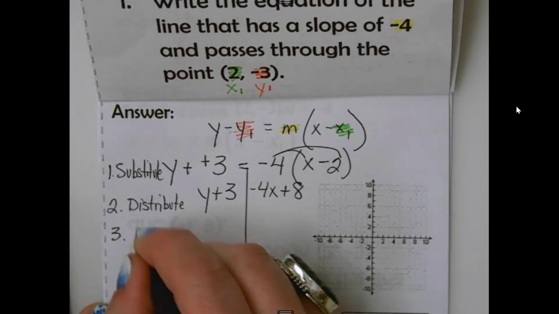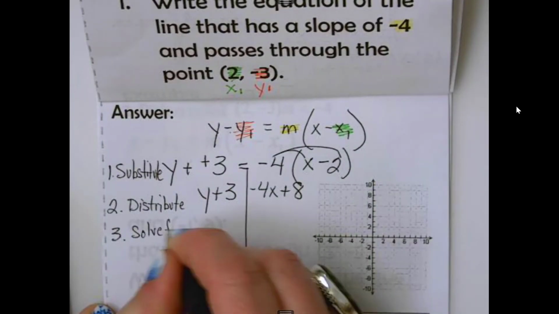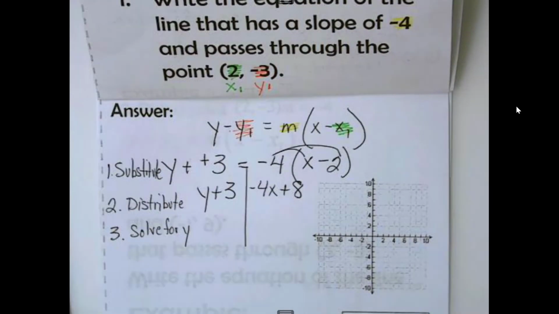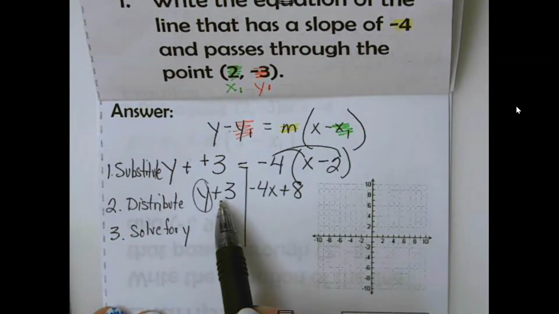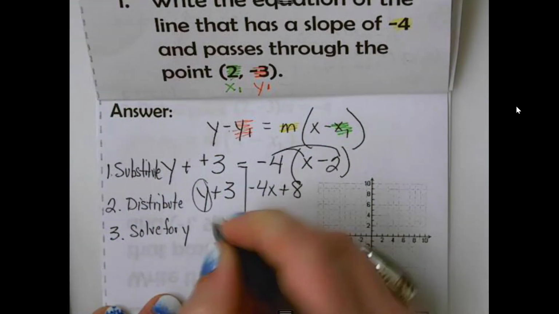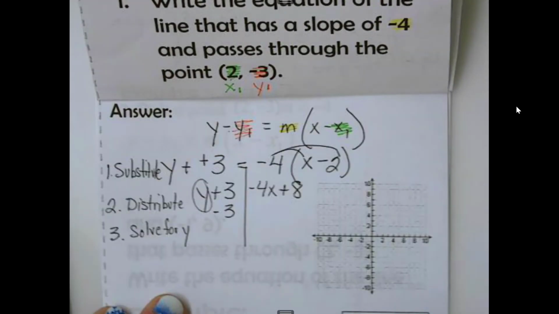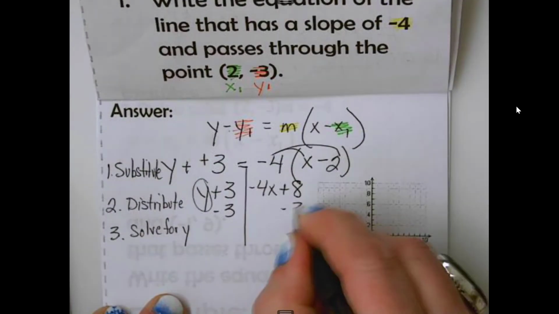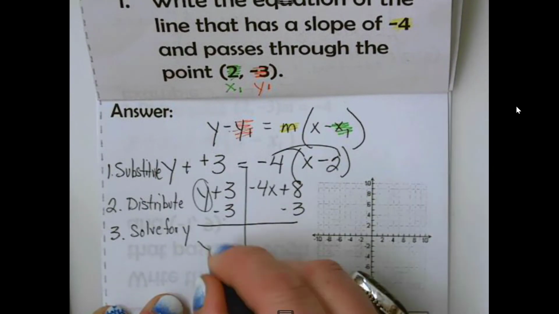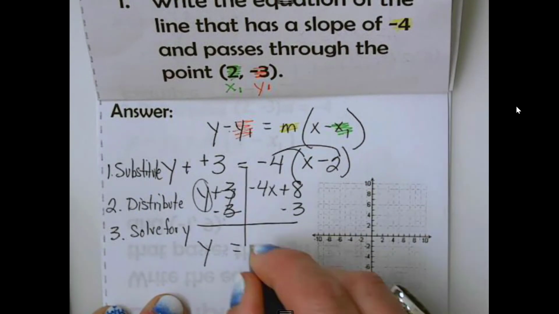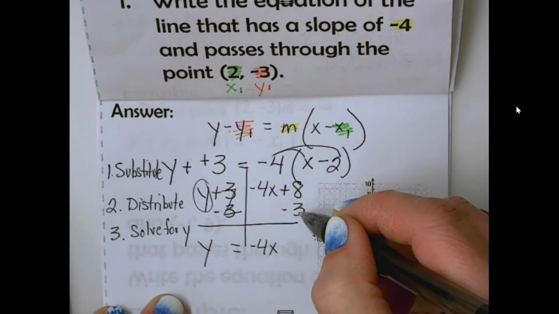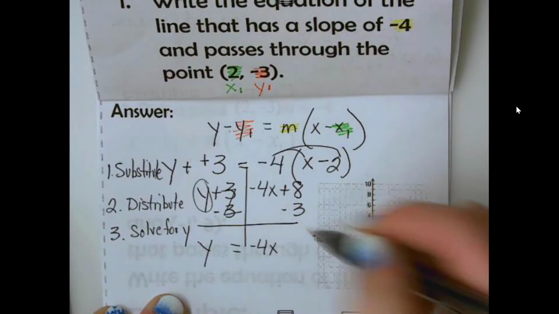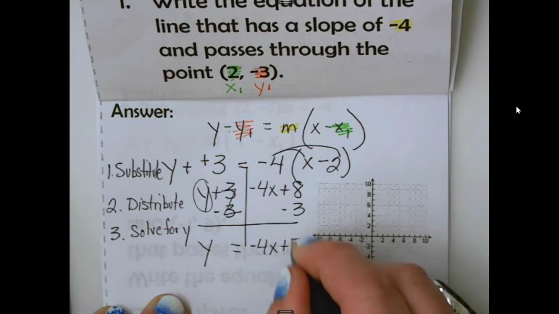Our third step is solve for y. So we almost have it by itself. We just have this constant, this plus 3. Let's do the inverse. We'll subtract 3. y equals -4x. 8 minus 3, or plus a negative 3, either way you want to look at that, will give us positive 5.